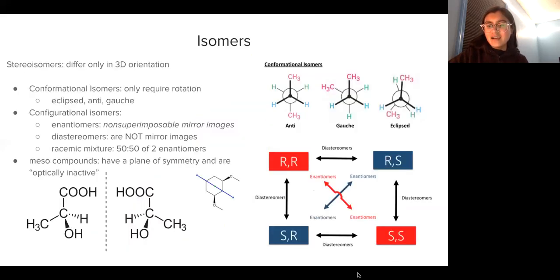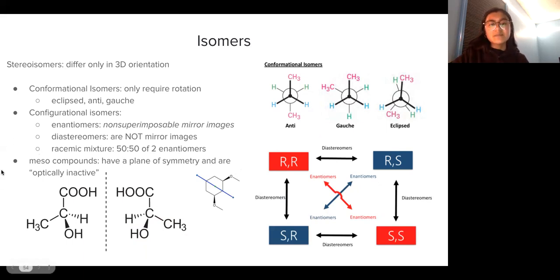If all the configurations are swapped, they're enantiomers, so like RR to SS or SR to RS. But if only one of them is swapped or not all of them are swapped, then they're diastereomers.